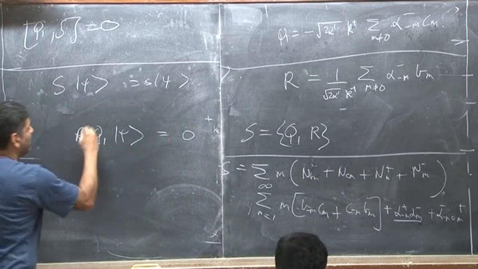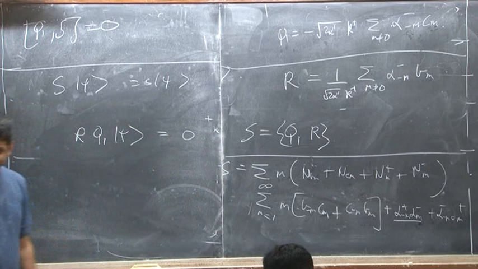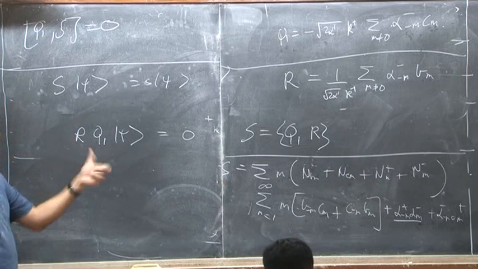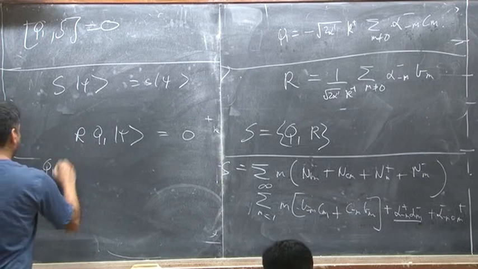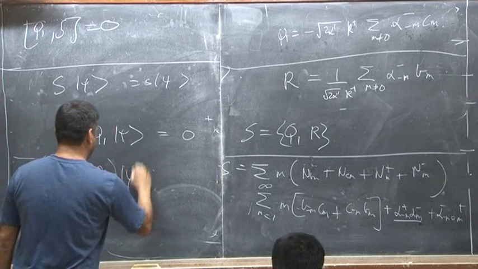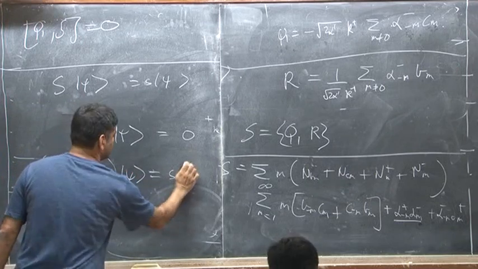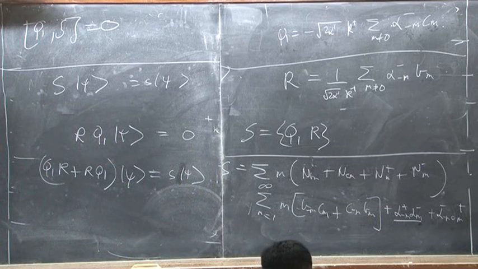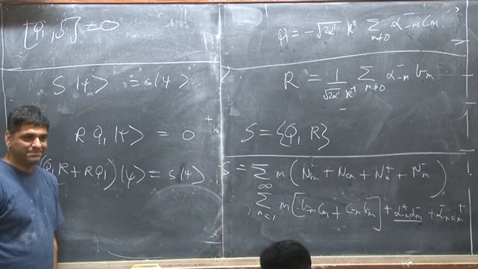Therefore, R times Q1 on psi is equal to 0. But we know that in this space, Q1 R plus R Q1 on psi is equal to s psi. But R Q1 on psi was 0.